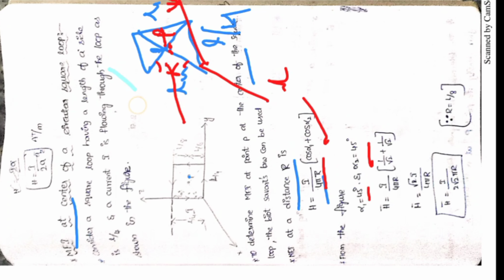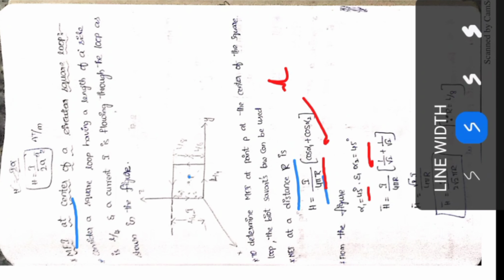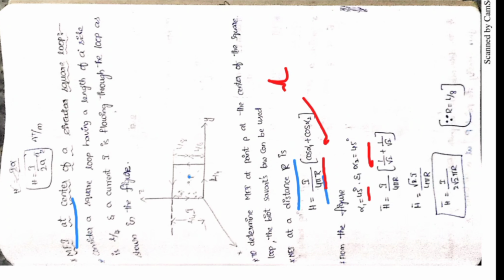For a square, the angle between this and this will be 45. We substitute 45 degrees in this equation.